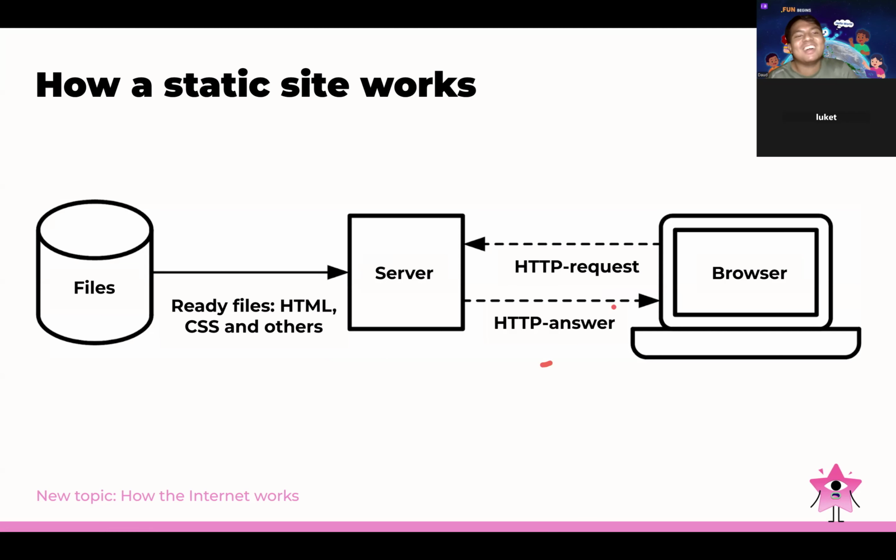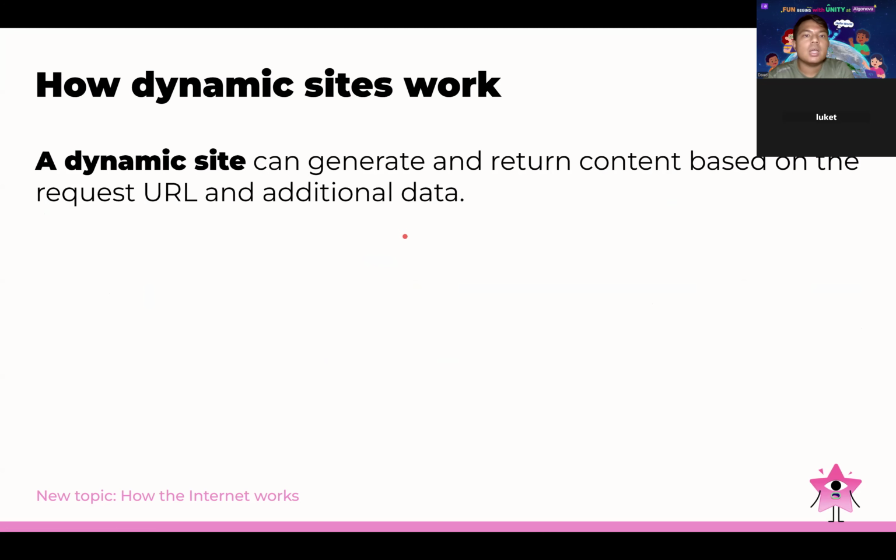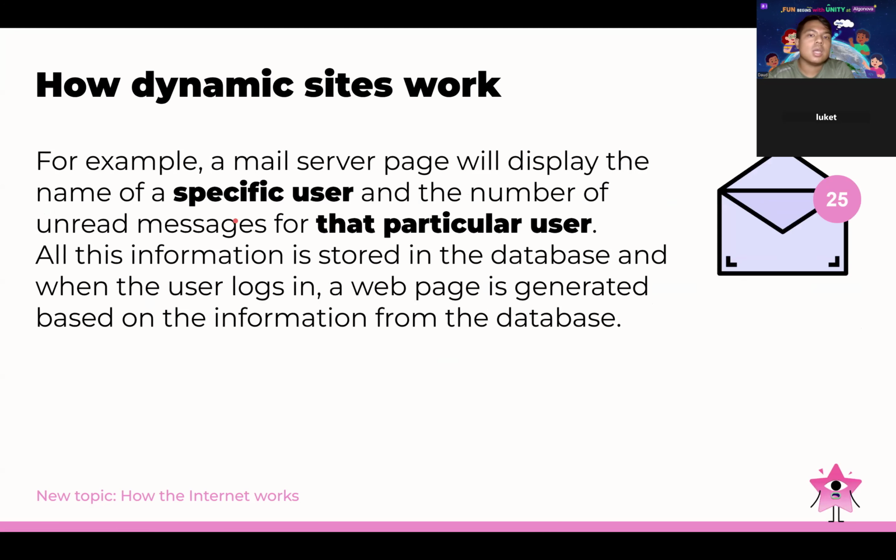So when we're talking about a static site, there's no data in here. All the information is hard coded. That means you just type it and then it will show to the client. And a dynamic site is like the Zoom meeting. For example, as you can see on your screen, there is my name, there is your name, and it's really personalized.